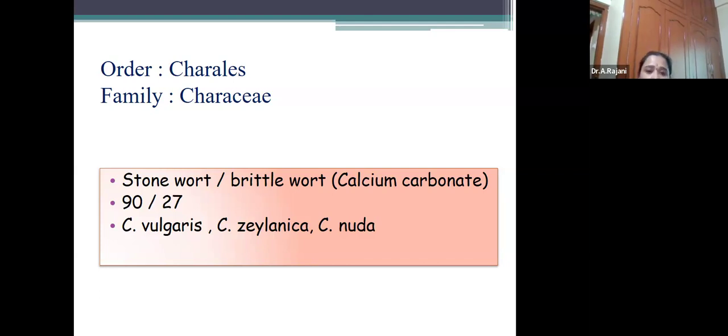The plant body is made up of calcium carbonate. That's why Chara is called stonewort or brittlewort. If you touch the Chara thallus, a very rough surface is there, because the thallus is encrusted with calcium carbonate. Keep in mind, very important: the alga that is stonewort or brittlewort, made up of calcium carbonate, is Chara. In all algae the cell wall is made up of cellulose, but here calcium carbonate is very dominant.